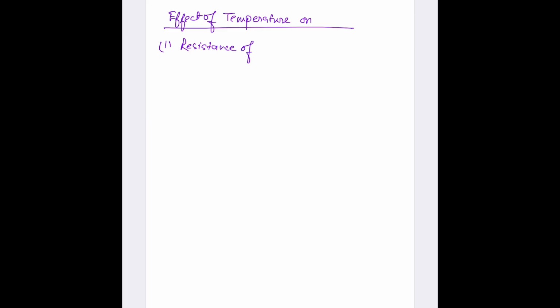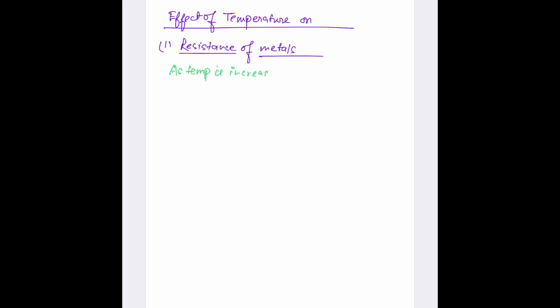Students, now we will study the effect of temperature on the resistance of metals. Here, mostly, we are talking about the current in conductors, that is metals.